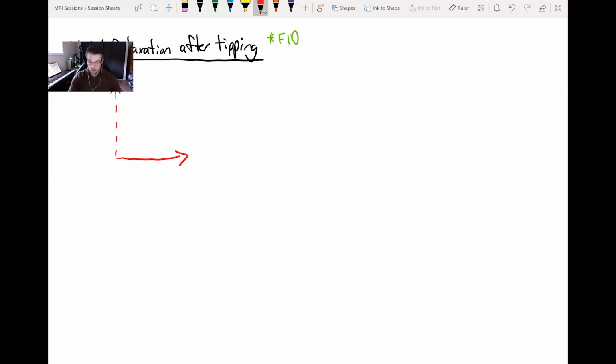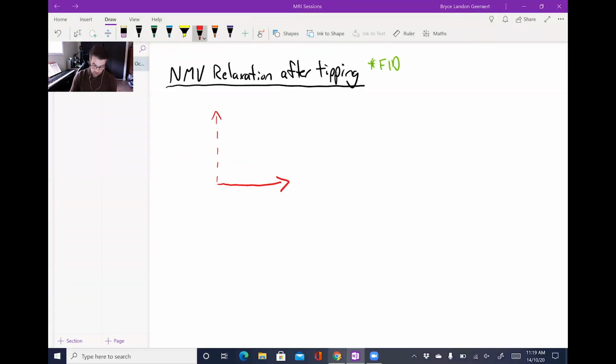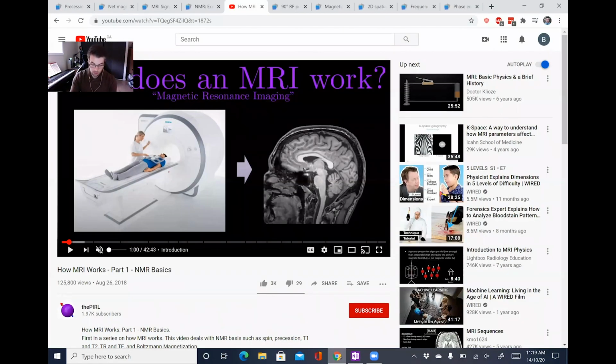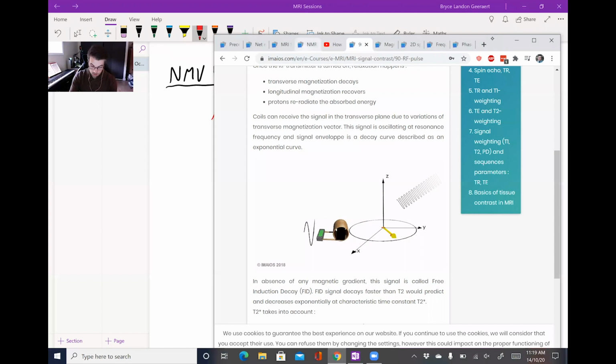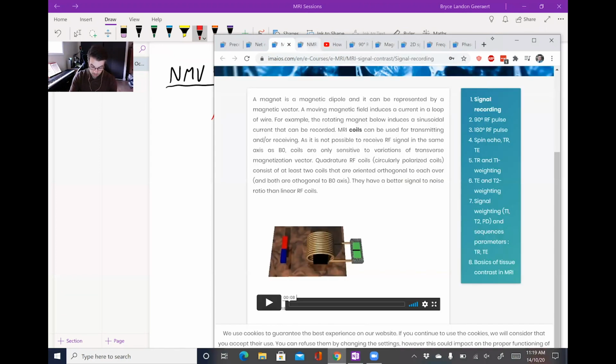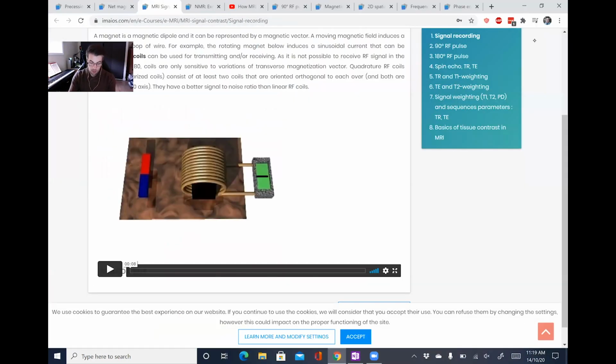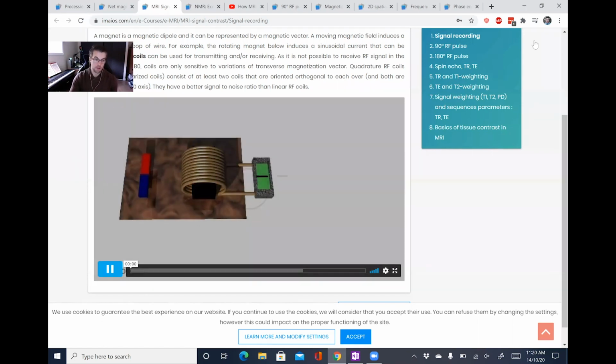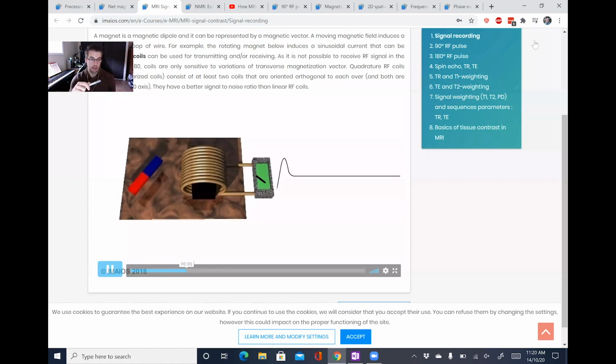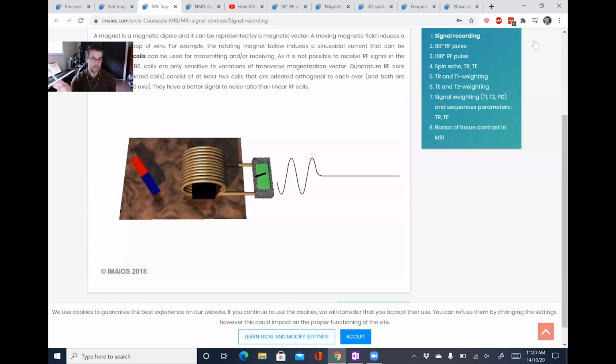So let me show you a little animation about Faraday's law that will help us to understand what this means for MRI. The basic principle here is there's a bar magnet on the left, and as it begins to rotate, the magnetic field is moving.